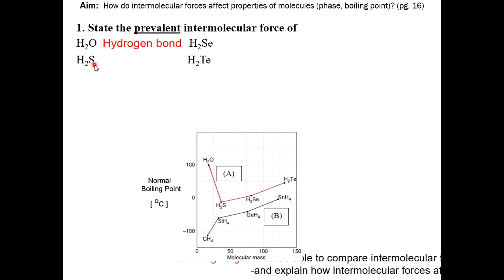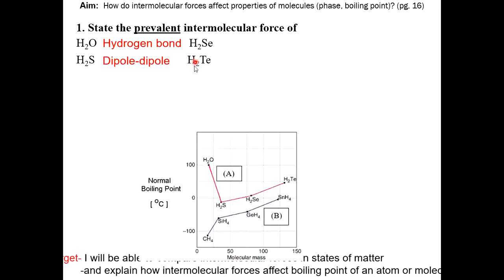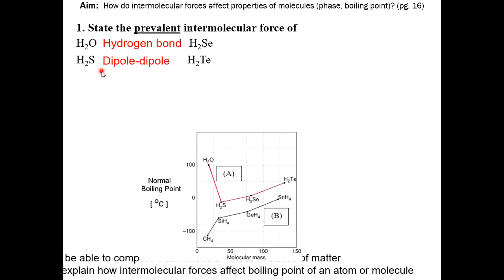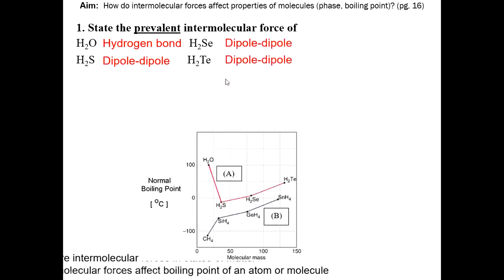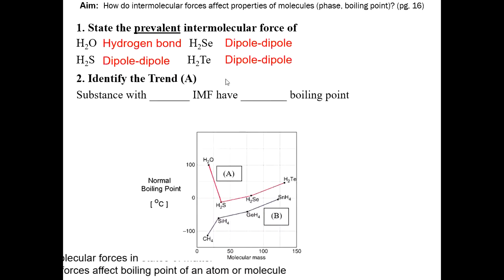H2S is a polar molecule because it's a bent shape. Remember, SNAP: symmetrical nonpolar, asymmetrical polar. Since it's asymmetrical, it is polar. Since H2Se and H2Te have the same shape as H2S, they are polar and they have dipole-dipole interactions.